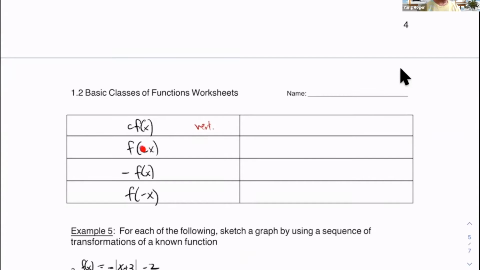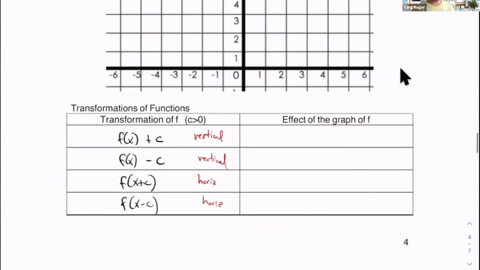This guy is inside. Do you see how it's inside the function? So it's going to be a horizontal thing. Again, this guy is outside. The negative is outside, so it's going to be a vertical thing. And if the negative is inside, that's going to be a horizontal thing. So I think that's key to understand what's going on. I'll probably erase those red words, but I just wanted you to notice that pattern first of all.